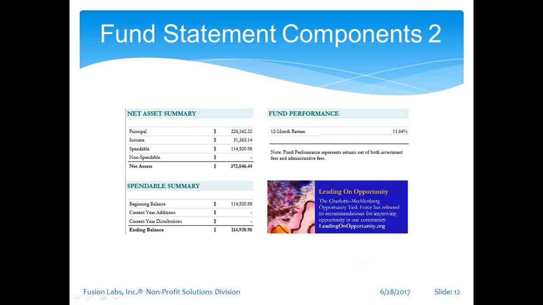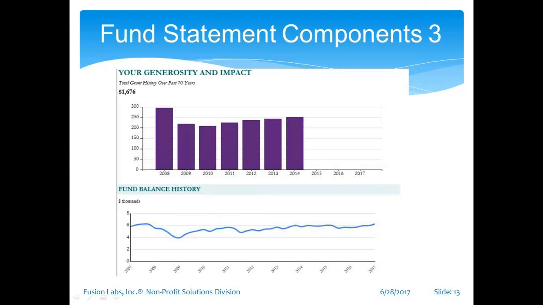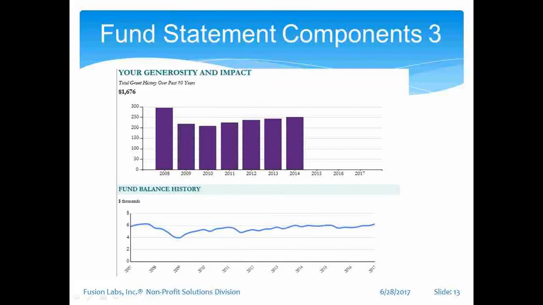All of these are segments which you can plug and play and organize exactly as you want in your statement. And specifically, it allows you to do graphs. So we can pull in graphs on grant history, fund balance history, and a lot of different things.